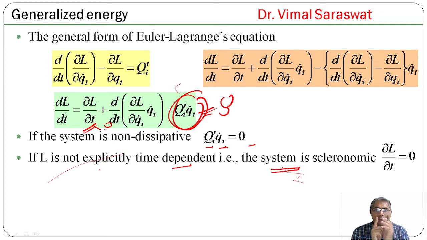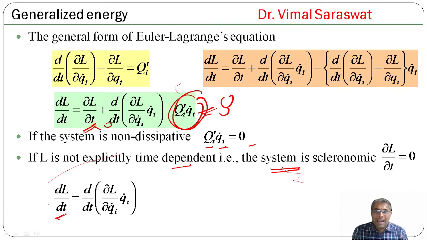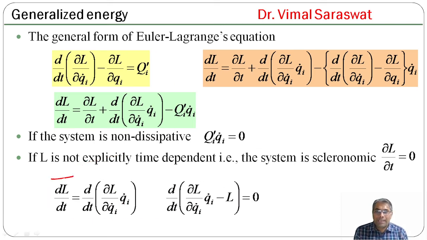It means if a system is non-dissipative and scleronomic, then dL/dt is equal to d/dt of ∂L/∂q̇i. If we transfer this term from here to here, then d/dt is common. So d/dt of (∂L/∂q̇i q̇i minus L) equals 0.